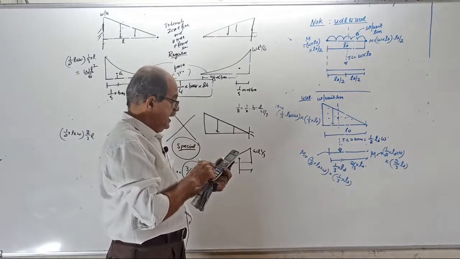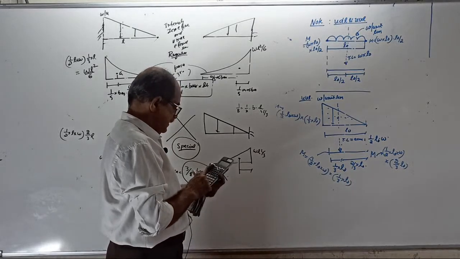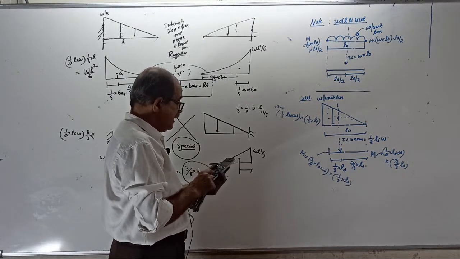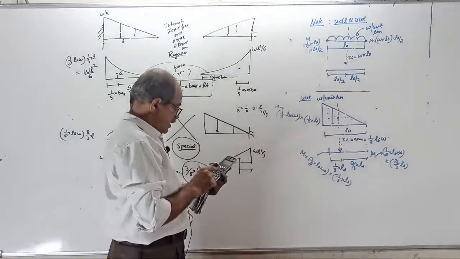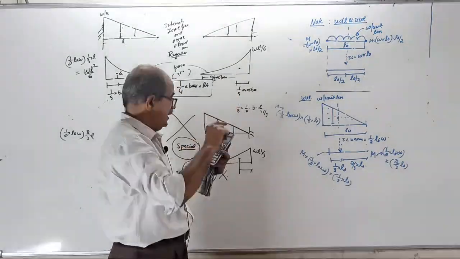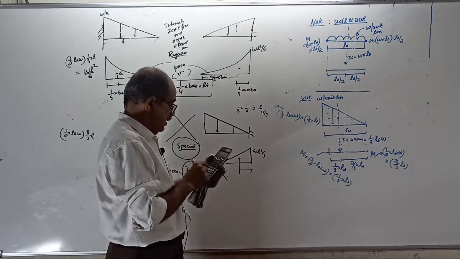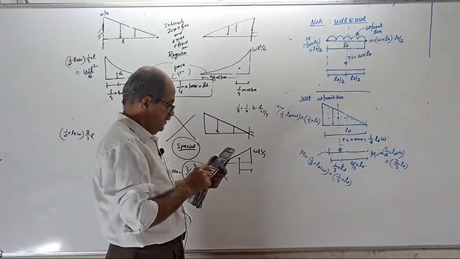Deflection is 1 by 8. 3 by 8 into 1 by 3 is correct, 1 to 5. Then half into the triangle again. That will give you 1 by 8 minus.